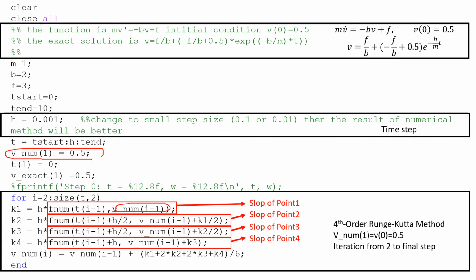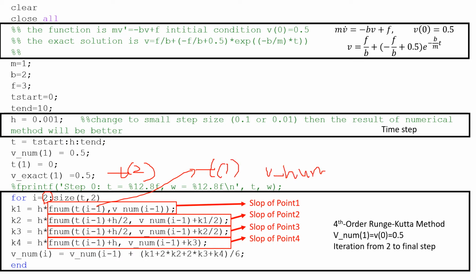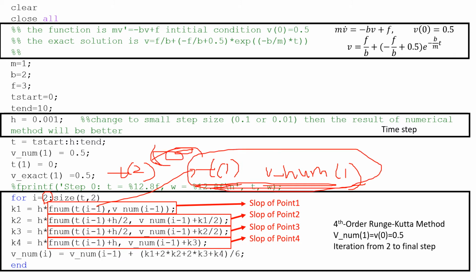So I use the previous point, t1, and v numerical 1 to estimate the slope during this time interval, the v dot 1.